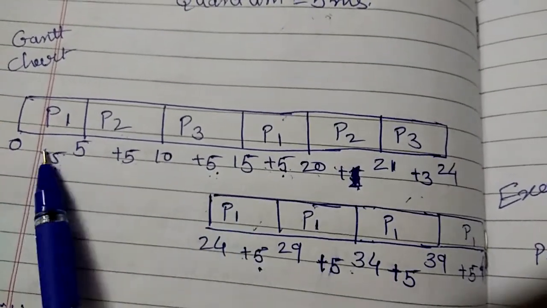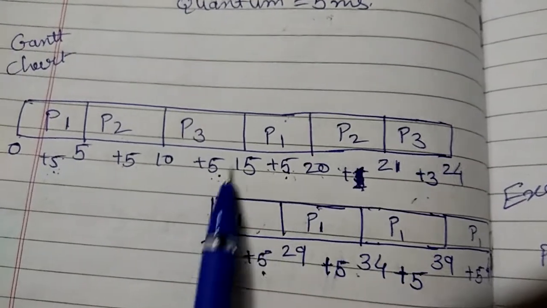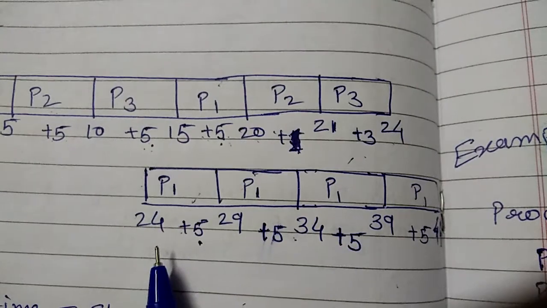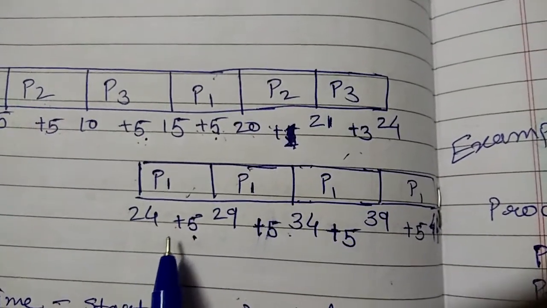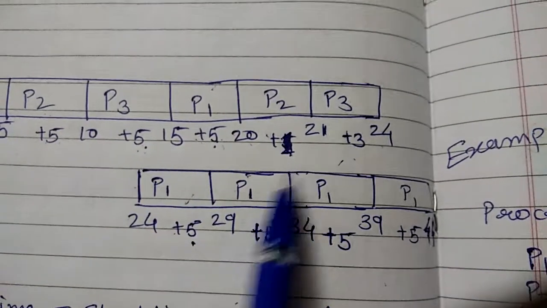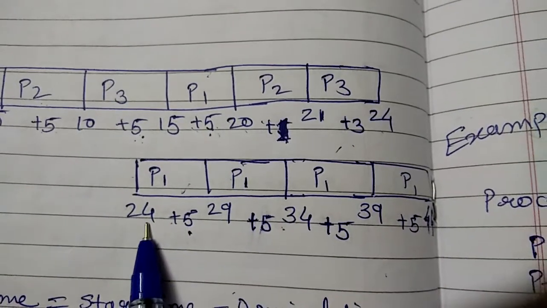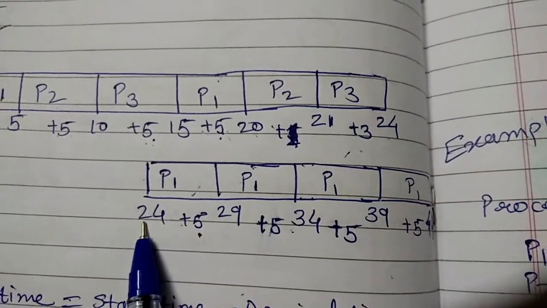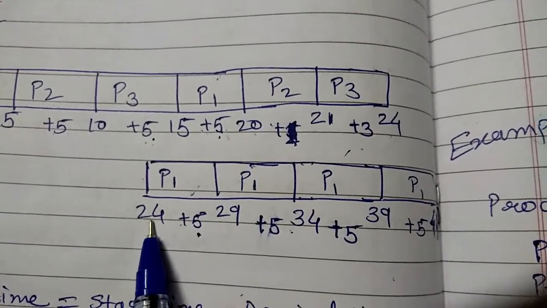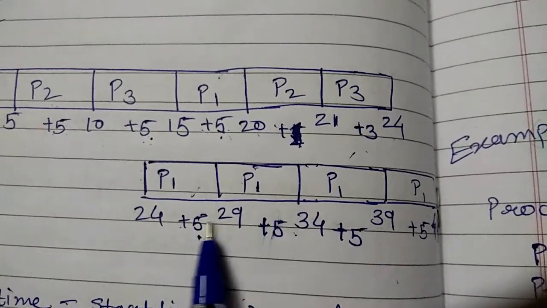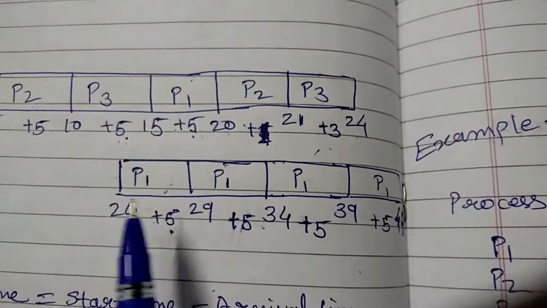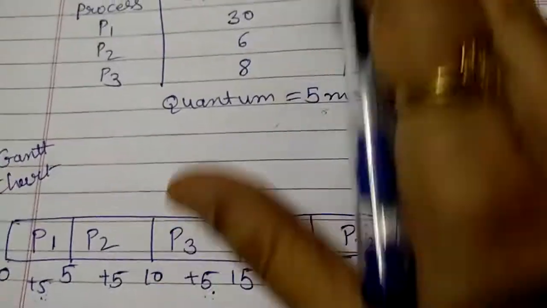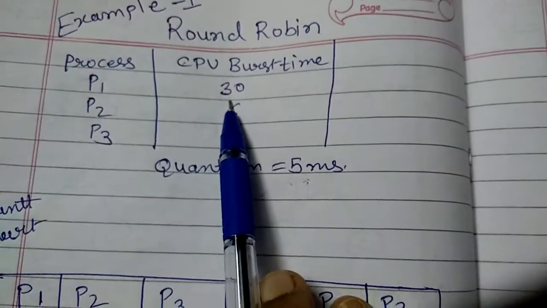So now let us add that P1 will start at the 24th second. I have just continued this chart over here. At the 24th second, let us add 5 more seconds. How many times should we add it? Till we get the 30 burst time.